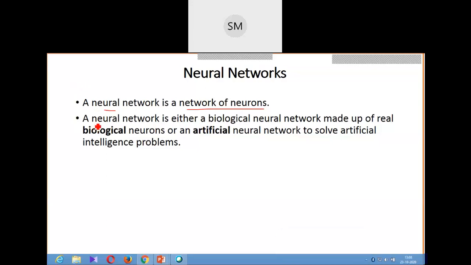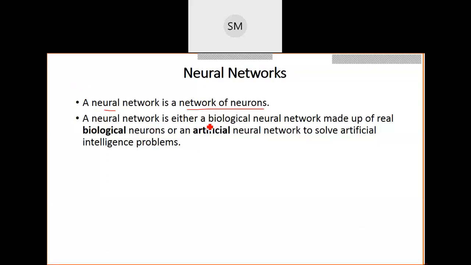So a neural network is either a biological neural network, which is made up of real biological neurons, or else it is an artificial neural network. And these artificial neural networks are used to solve some problems, particularly which problems? Artificial intelligence problems. Because of that it is called an artificial neural network.